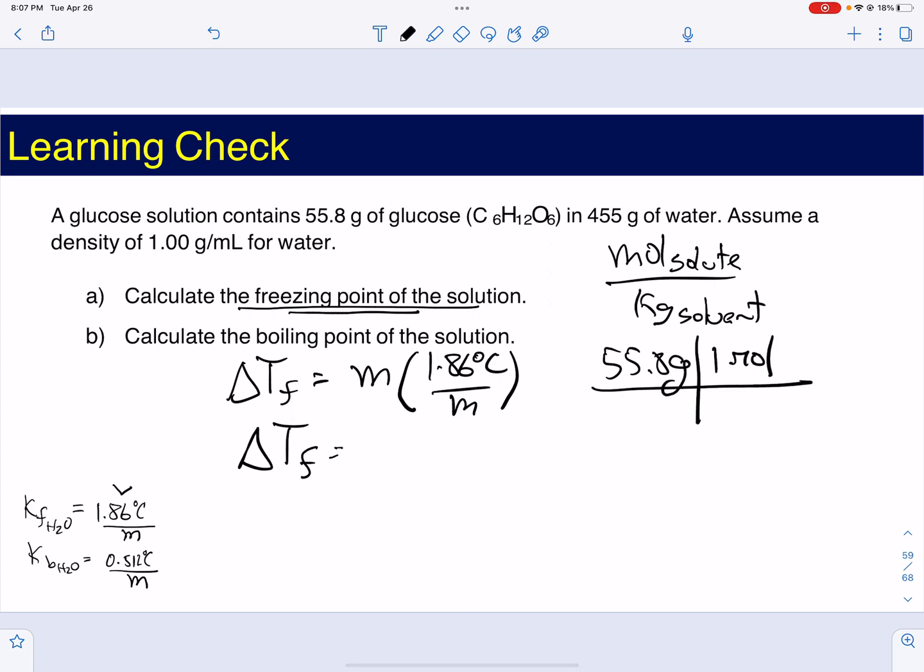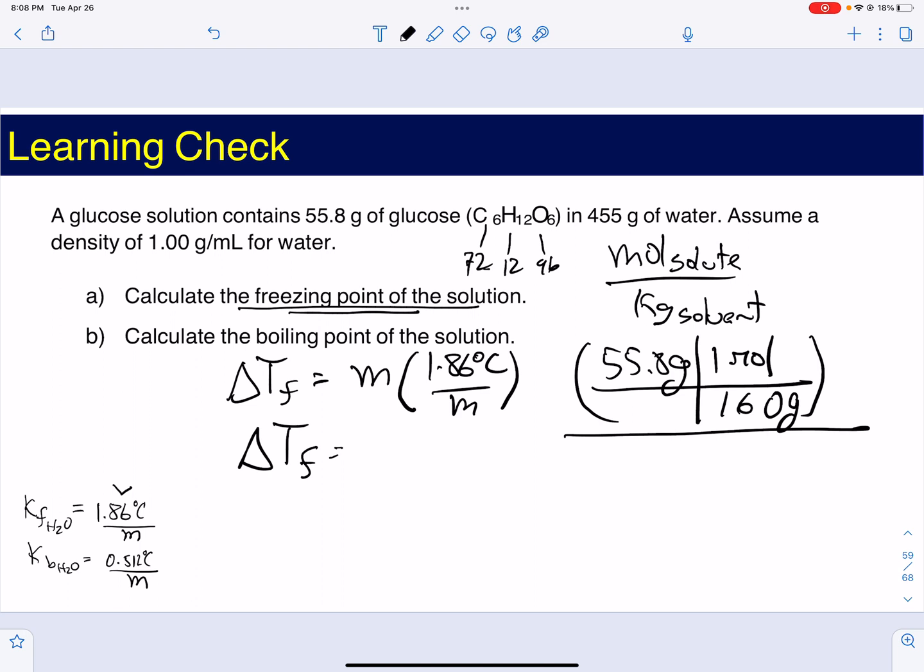So 1 mole of glucose is going to be 72, 12, and 96, so 160 grams, so that's going to be the moles, and we're going to divide that by the kilograms of the solvent, and the kilograms of the solvent is 455 grams, so 0.455 kilograms.